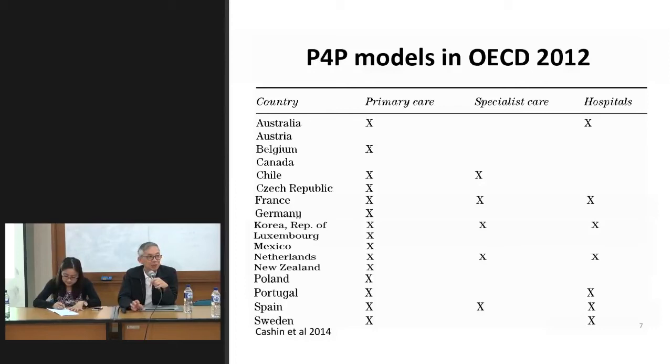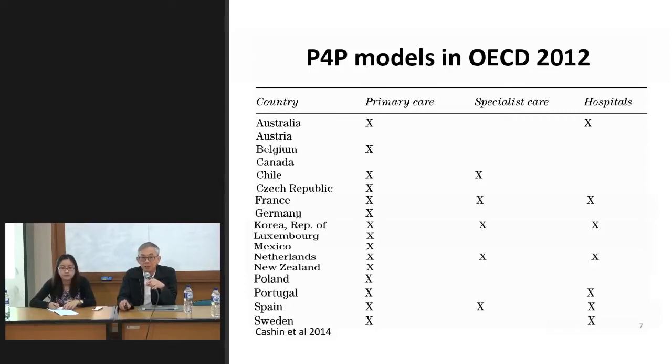So some countries may apply just a few percentage, 5%, but some may apply as the nationwide, like in the UK of a primary care system, they apply the quality outcome framework to all. So the second most prevalent is the apply the P4P for the hospital, and the third rank is for the specialist care.